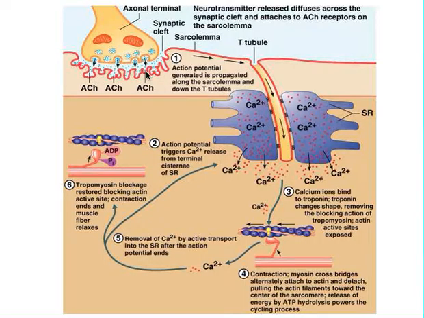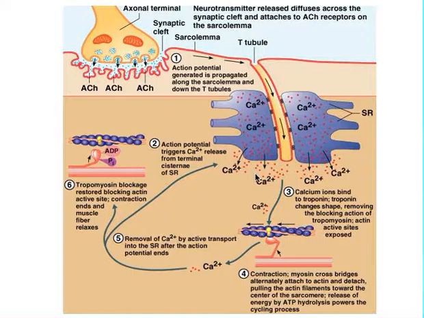And so the action potential, that impulse, gets generated and propagated along the sarcolemma, the cell membrane of a muscle, and into the T-tubule, penetrating deep around those myofibrils. And from there, it triggers the calcium release from what they call the terminal cisternae of the sarcoplasmic reticulum.